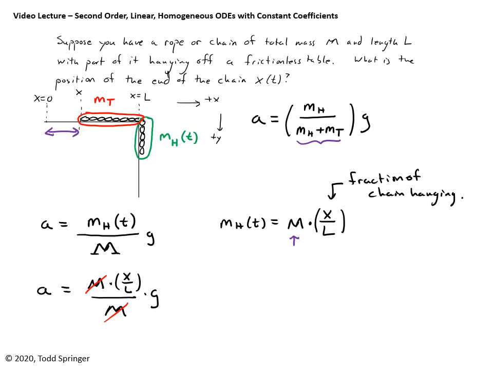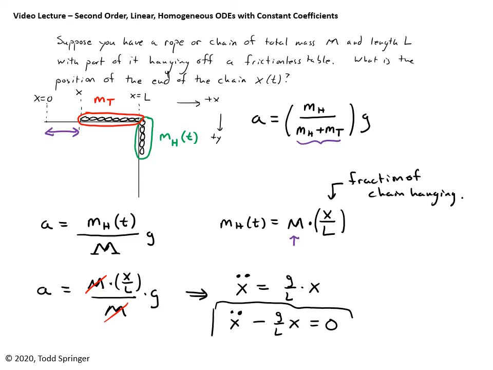Those cancel. And I get the following differential equation, because a is x double dot, is equal to g over L times x. Or I could write it like this: x double dot minus g over L times x is equal to 0.